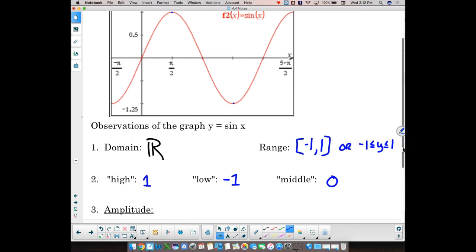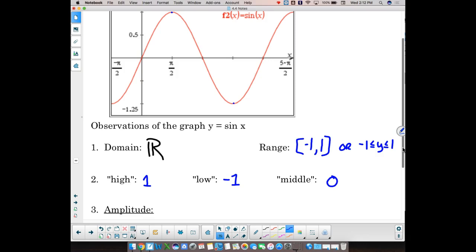Amplitude. Does anybody remember what the word amplitude means? So it's like the height of the wave, right? Okay. So that's the distance.